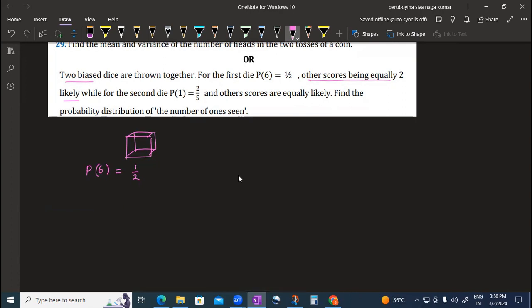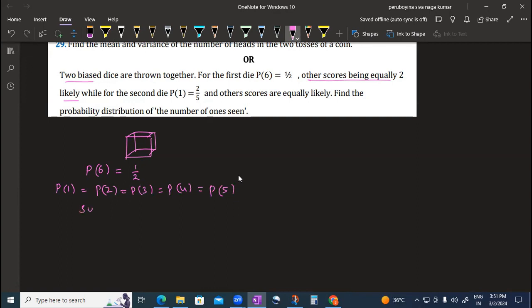A die has 6 faces, so P of 1, P of 2, P of 3, P of 4 and P of 5 are equal.